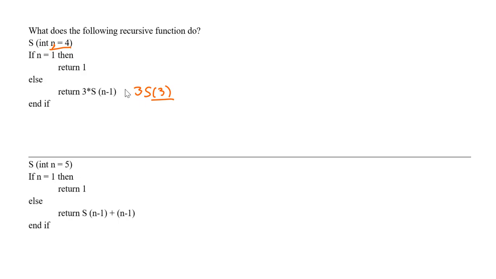You call back s3, and it's gonna return 3 times s2. Call back s2, and it's gonna return 3 times s1. Now n is 1, so we will return 1. So what I have here is 3 to the power of 3, 27.